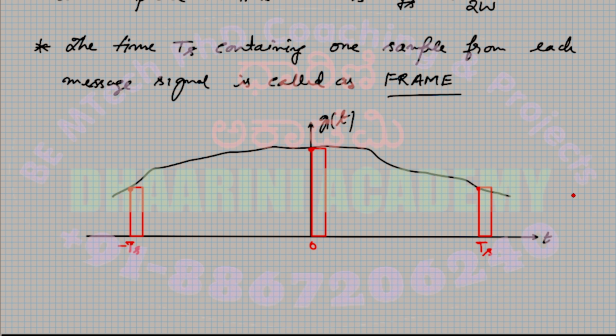Now between the G1 of t samples, there should be G2, there should be G3, then G1 once again, correct? That is what happens whenever I perform the PAM representation for all the signals simultaneously.